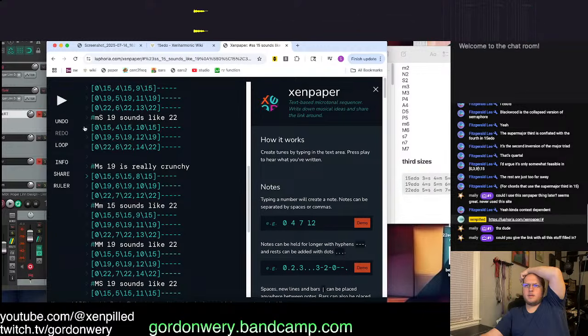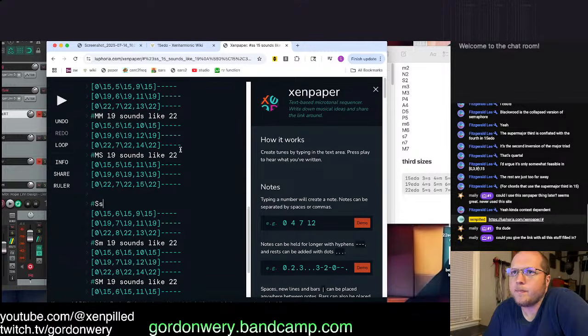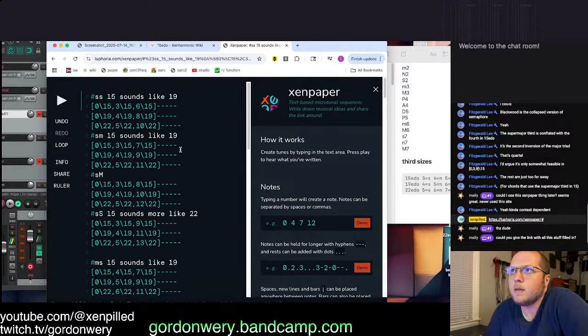Sounds a lot like the 22 EDO version. This is kind of like an inversion of a minor chord, so I don't know about that, but yeah. Cool. Well, that's fun.